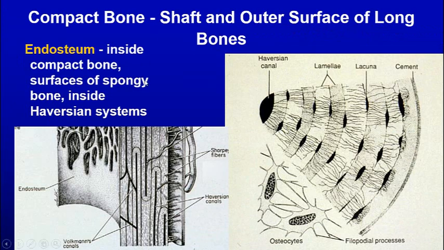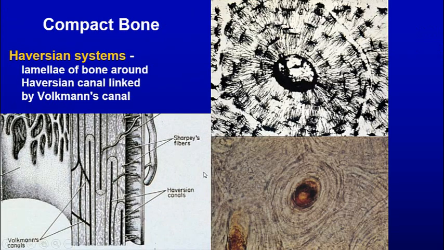So we have endosteum inside compact bone. Also, it's inside the Haversian systems as well. So we have periosteum on the outside, endosteum on the inside. If we look at one of those Haversian systems, you can see the Volkmann's canal, the Haversian canal here and here, and you can see the lacunae or the space.